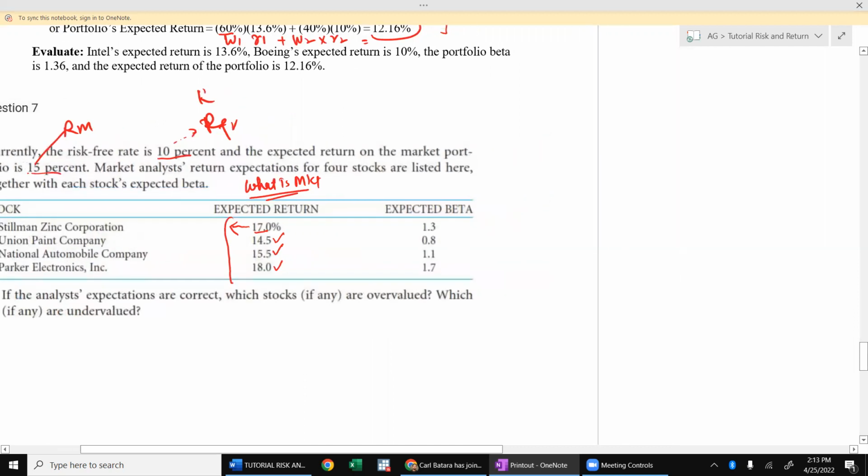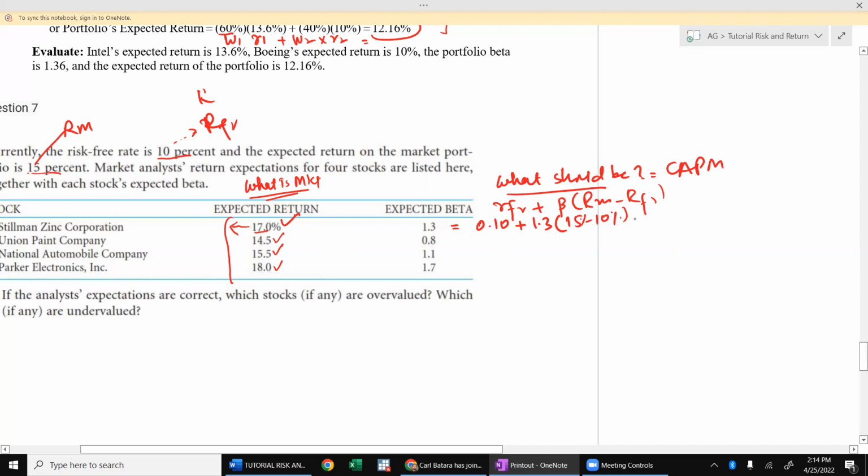But what should be the return? How can we calculate that? We can calculate it through the capital asset pricing model. It says risk-free rate plus beta times (RM minus RFR). We need to see that people are requiring 17% in the market. Is it the true rate, or are they requiring higher, or lower? Can you calculate the answer for me? Risk-free rate is 10%, 0.1 plus beta is 1.3, 15% minus 10%.